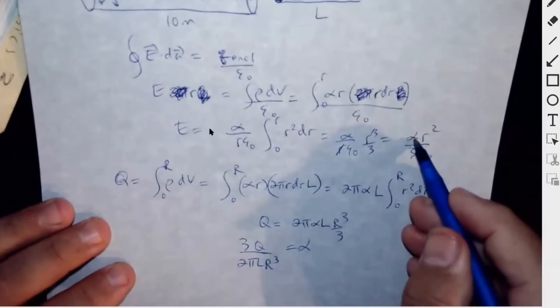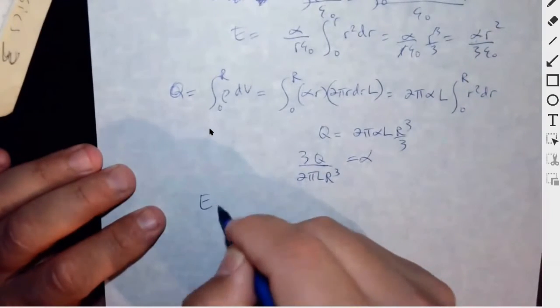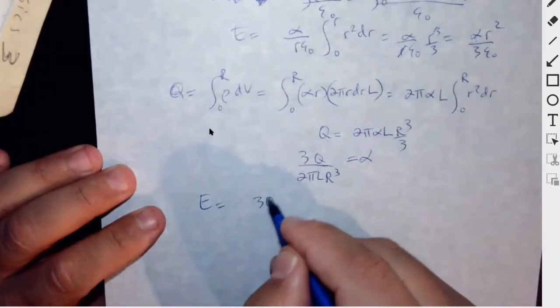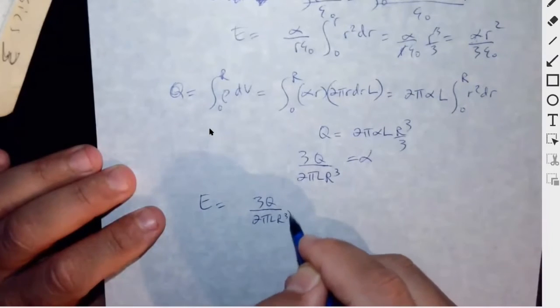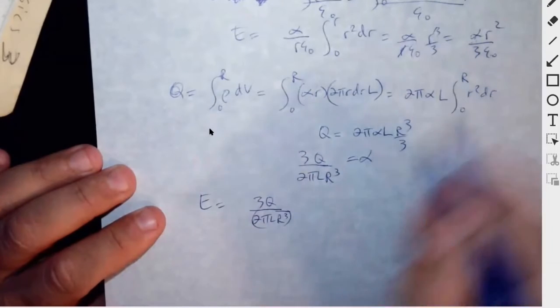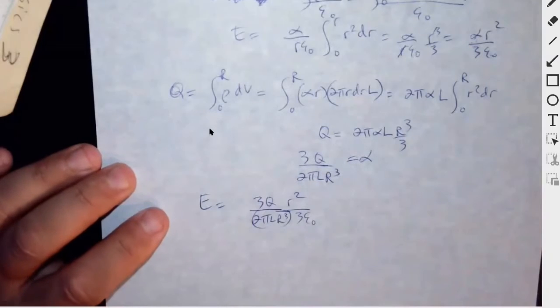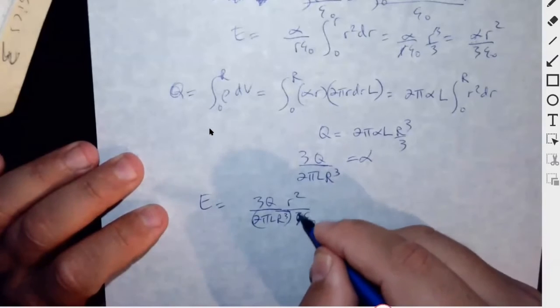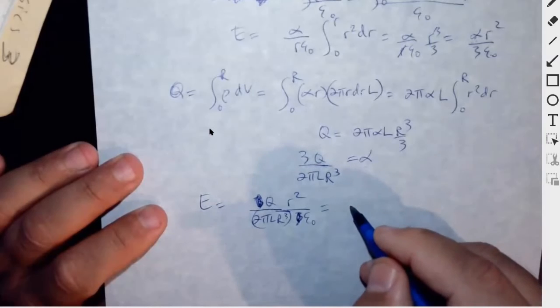Then we put that fudge factor into here, and that gives you the electrical field. So alpha is 3Q over 2 pi L R cubed, then we've got the 3 epsilon naught down here, then we get r squared, and the 3 cancels the 3.